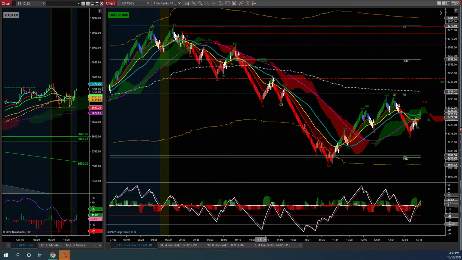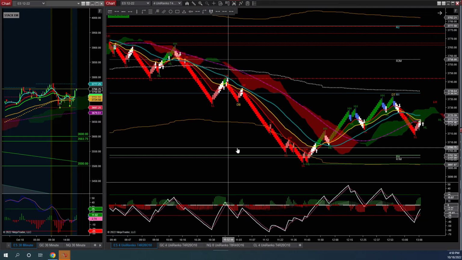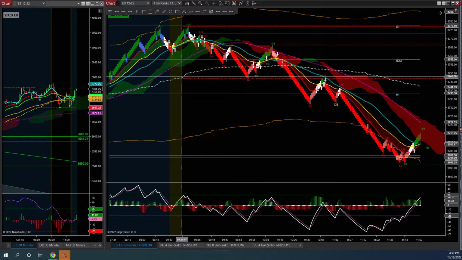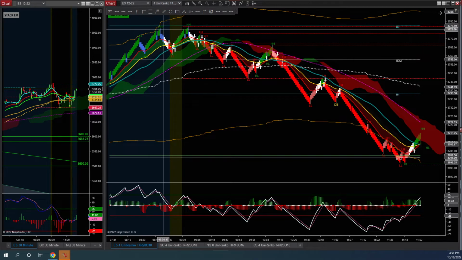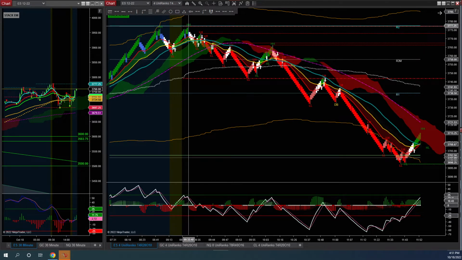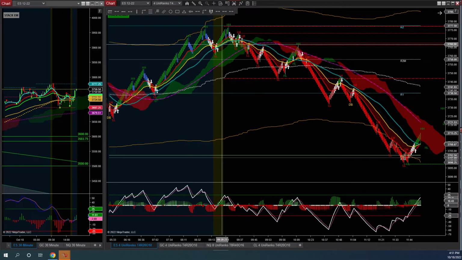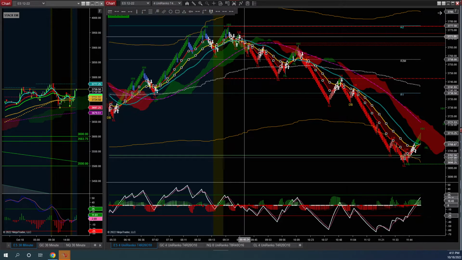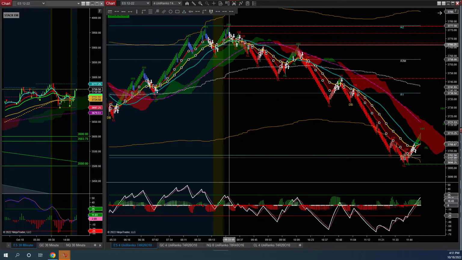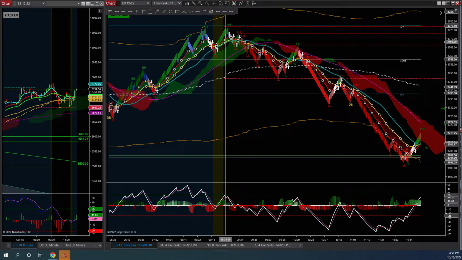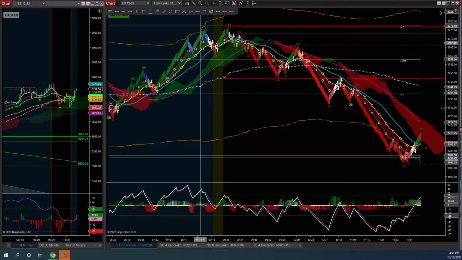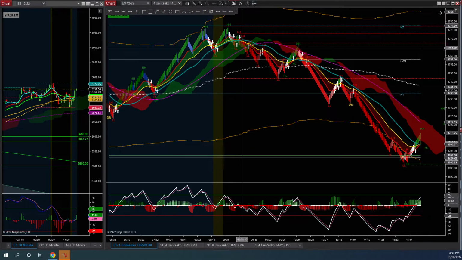So let's expand this a little bit. The market started at 9:30. There was a double top right here, triggering the opening range. There is a good entrance here. This is the first one after the moving averages, the 34 and the 18, crossed.